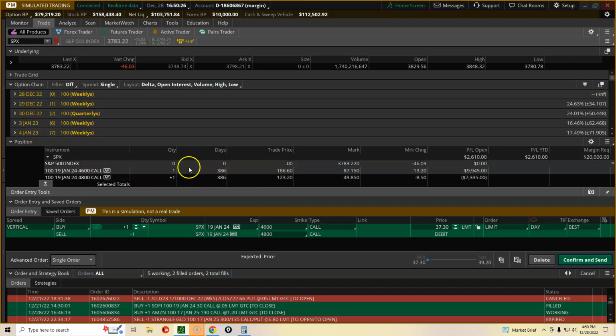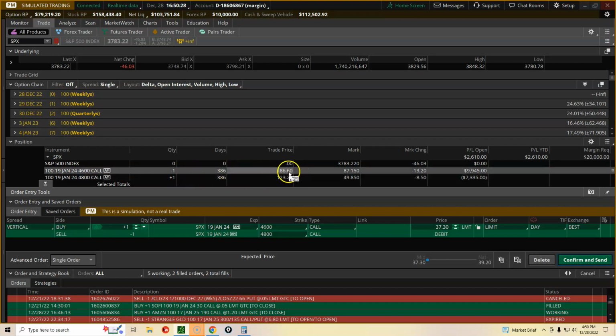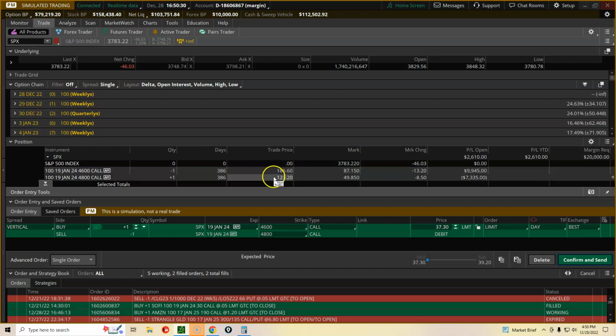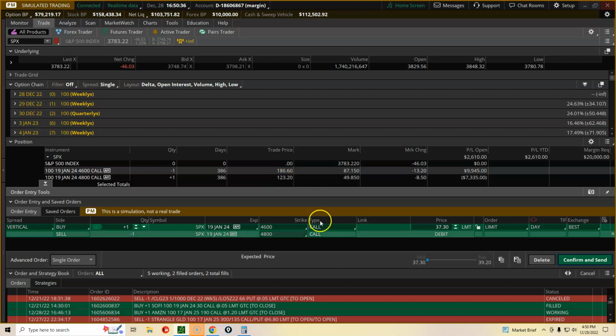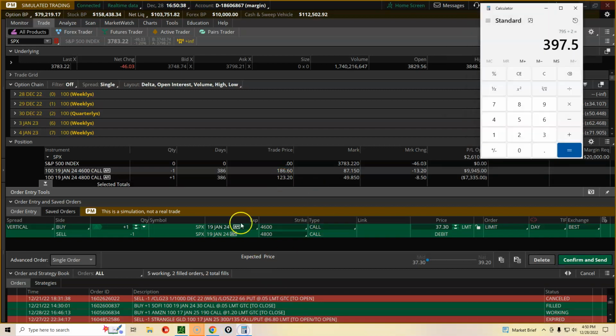So I brought this much in, but I bought this. So the difference between those two, 186.60 minus 123.20.